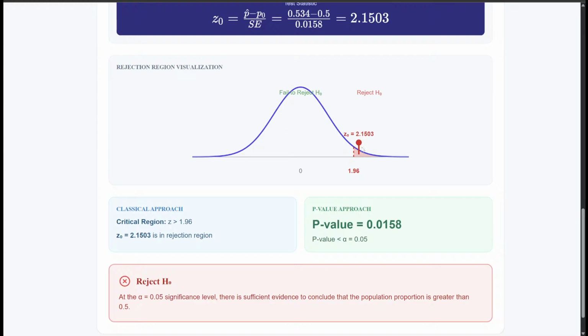And notice how it falls in that red region over there. That's when I know I'm going to reject. Depending on what the questions ask you for your homework and depending on how you want to write this, it gives you both. It's in the rejection region because it's greater than the 1.96, and the p-value is less than 0.05, at 0.0158.